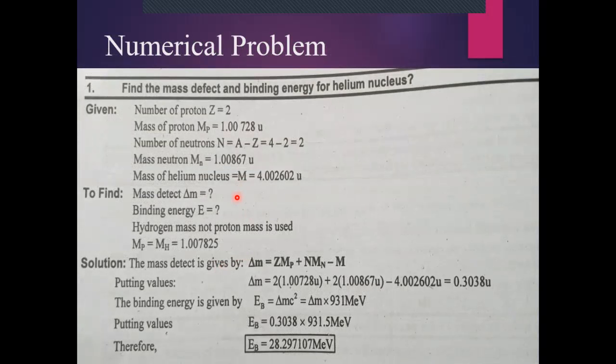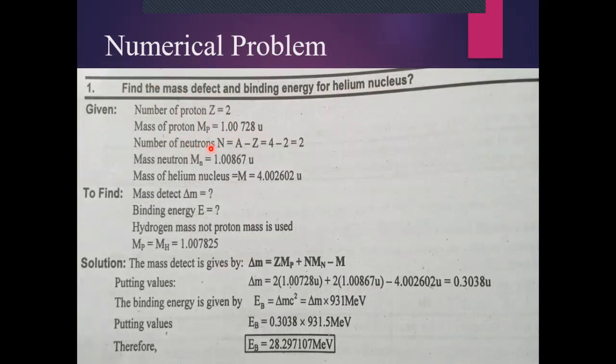And the only numerical problem included in reduced labels is the first one, that is to find the mass defect and binding energy of the helium nucleus. In case of helium nucleus, the Z number or the proton number is 2, and the mass of proton in AMU is 1.00728.